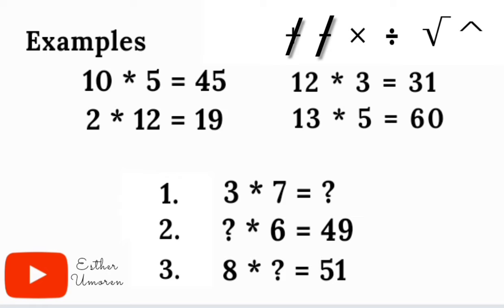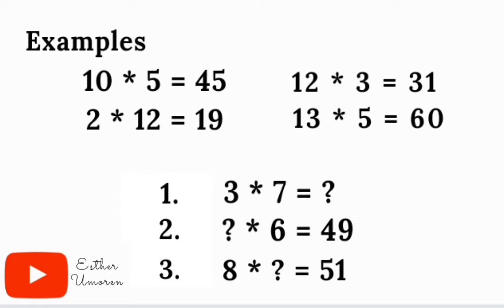Let's see if it answers the other examples too. 2 times 12 is 24, minus 5, wow, 19. That's it. 12 times 3 is 36, minus 5, 31. 13 times 5 is 65, minus 5, 60. Perfect. It means at the first level it is multiplication, and at the second level it is subtraction. That's just how to get the answer.